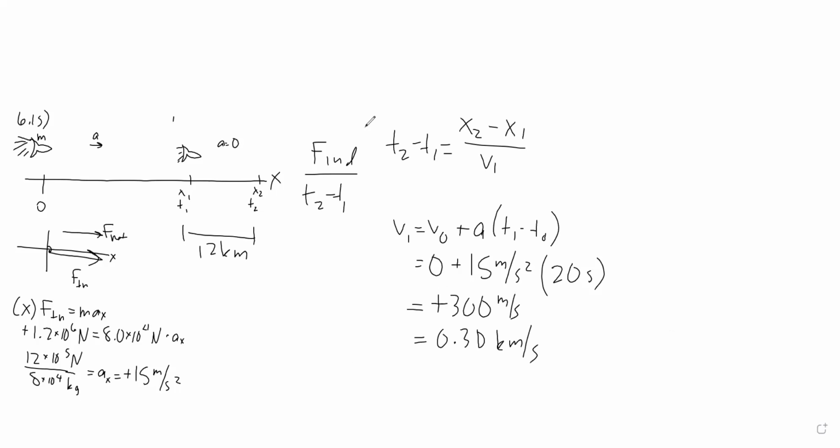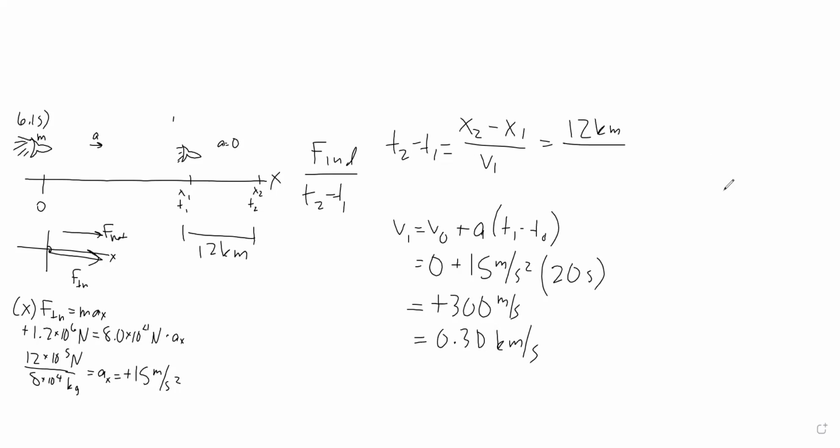Because if you go back up here, your displacement, X2 minus X1, is 12 kilometers. To get the correct unit of time without carrying an extra conversion factor, you have to make sure these are both in kilometers. So this is 12 kilometers divided by 0.3 kilometers per second.